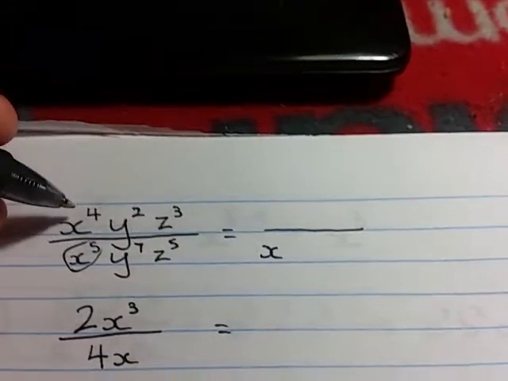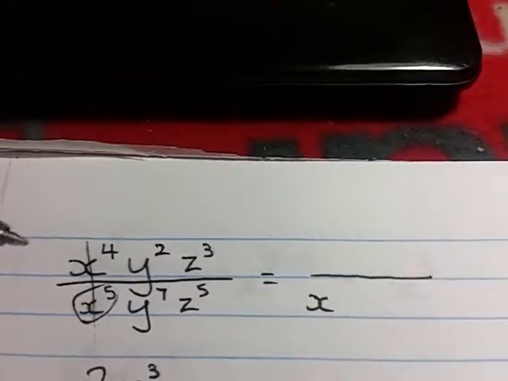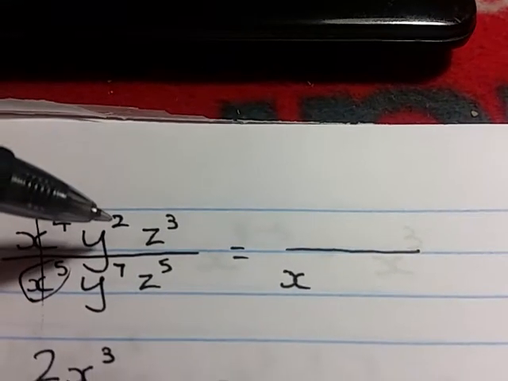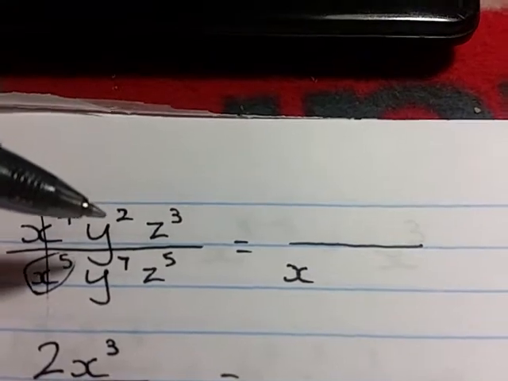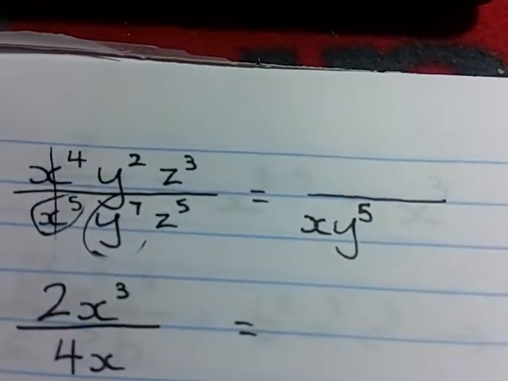That's the x's done. Next one, y to the 2, y to the 7. You have 7 minus 2, giving you y to the 5. Where is it bigger? It's bigger at the bottom. So that y to the 5 is going to end up at the bottom.